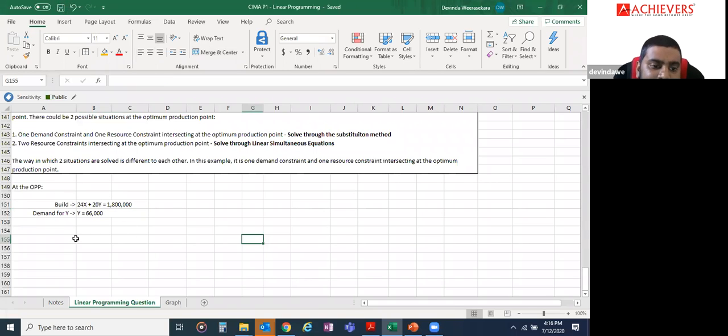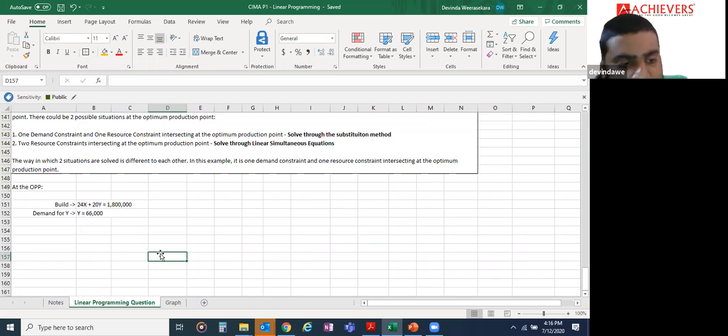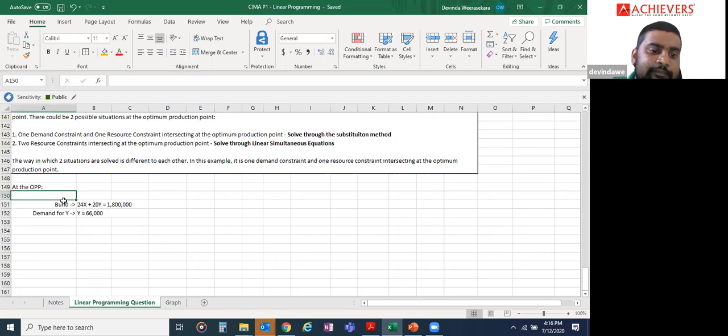Now what we need to do is solve these two equations to obtain the values for X and Y. The whole objective is to find out how many X units and Y units we need to produce.